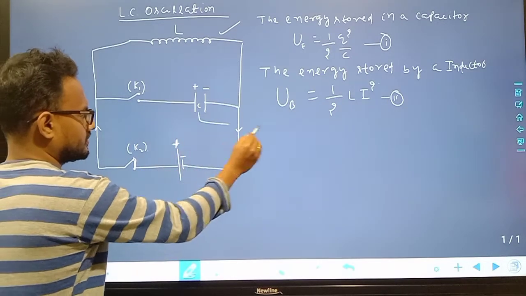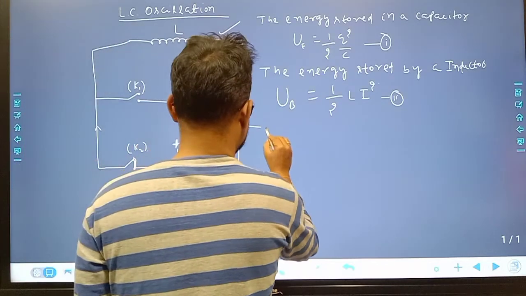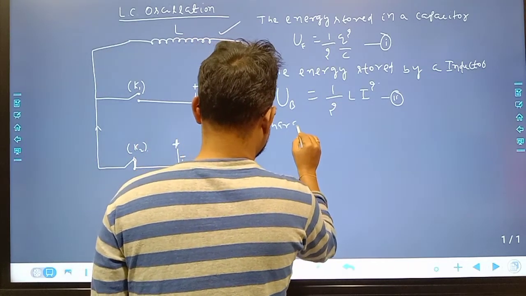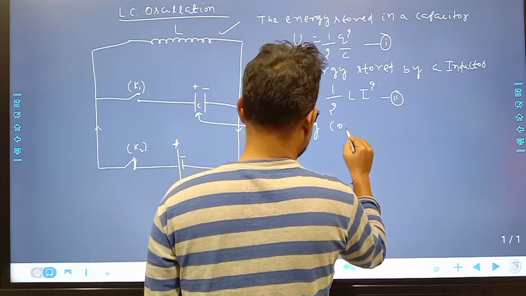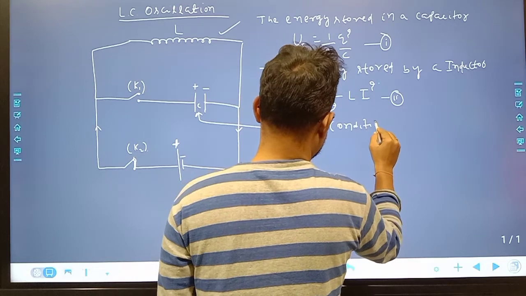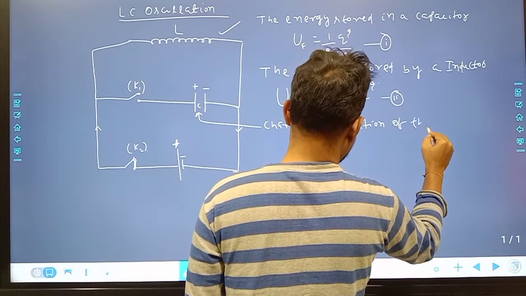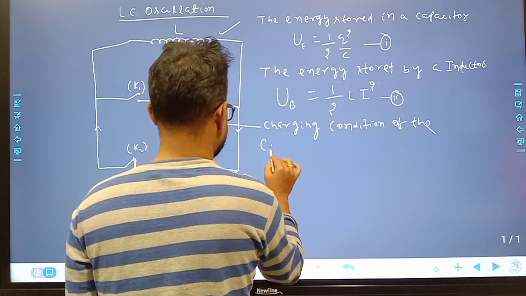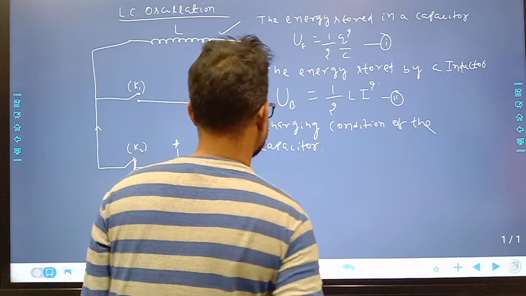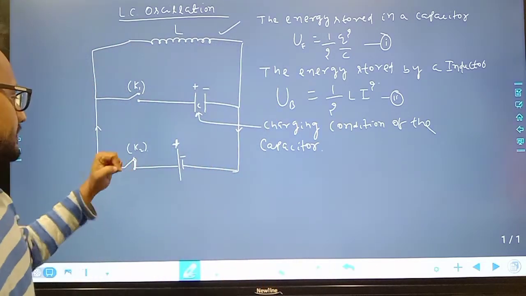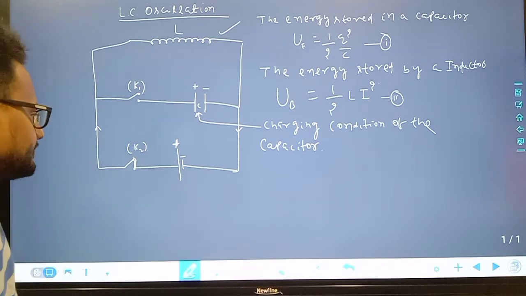When the key is pressed, charge goes from the positive terminal to the negative terminal. This is called the charging condition of the capacitor. So when K2 is closed, that is the charging condition of the capacitor.